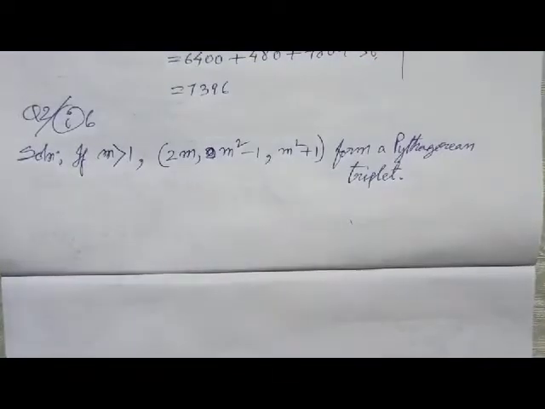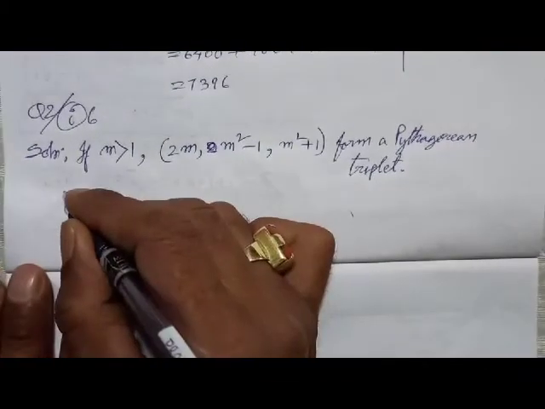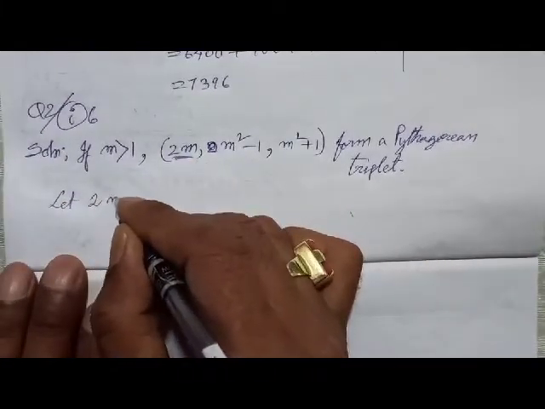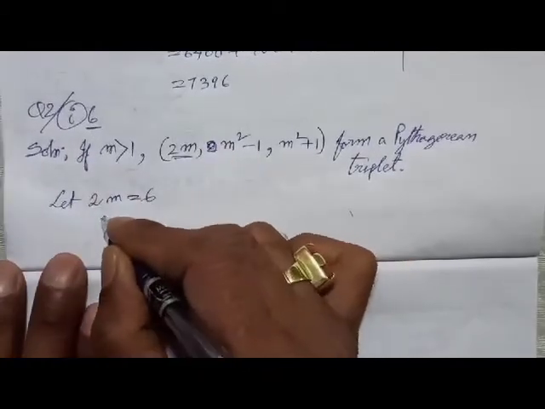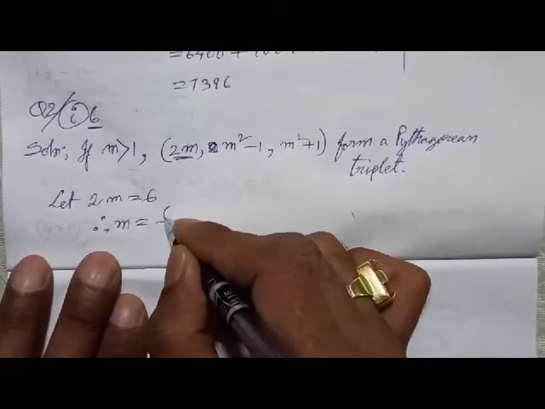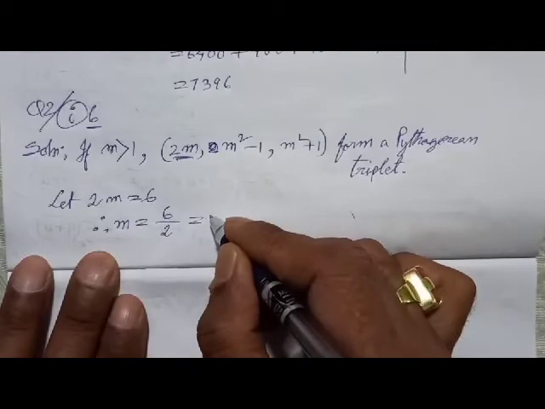This is the formula. Let 2m be equal to the given number 6. Therefore m is equal to 6 divided by 2. If 6 is divided by 2, then we get 3.